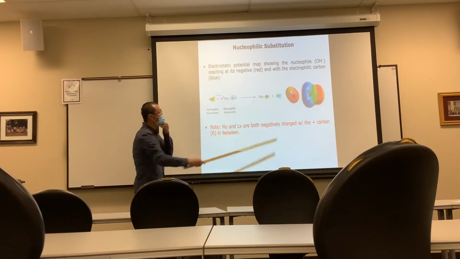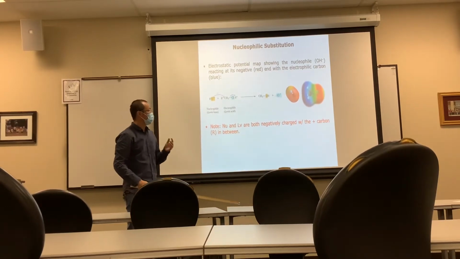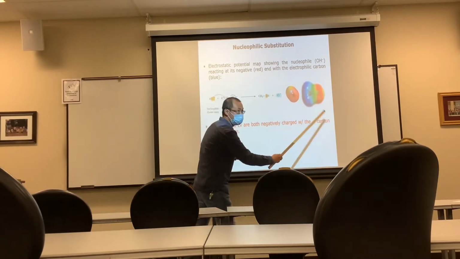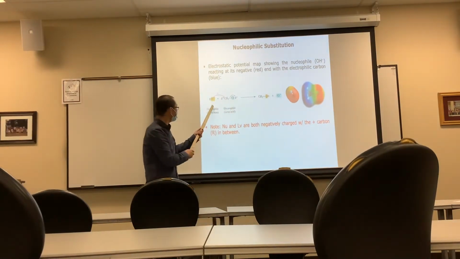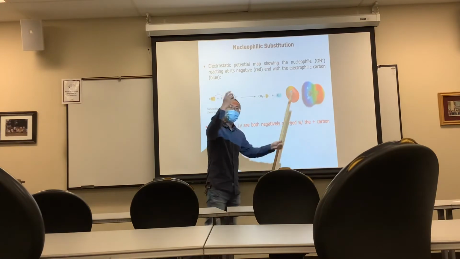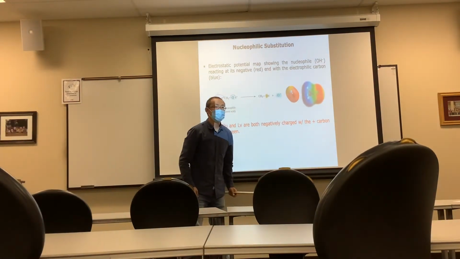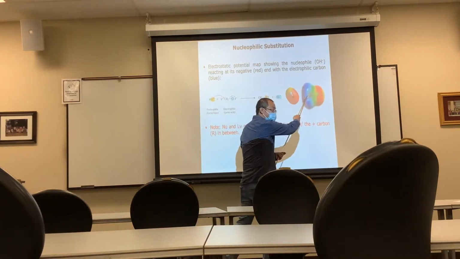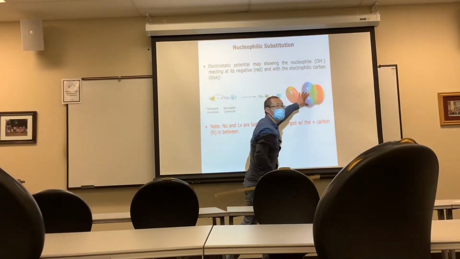What I want to show you here, you can see that in this electron map, the nucleophile and the leaving group are both negatively charged. The carbon, which is the electrophile, is positively charged.